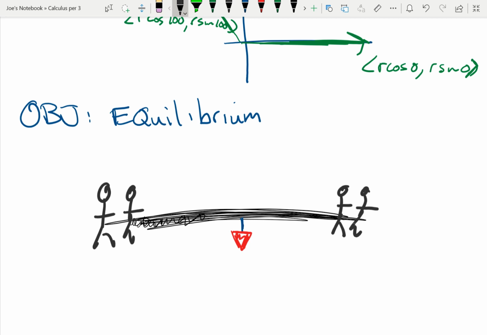So if this team is pulling at 75 newtons in that direction, how many newtons does this team need to pull for that flag not to move? 75 in the equal and opposite direction. Equal force in the opposite direction.